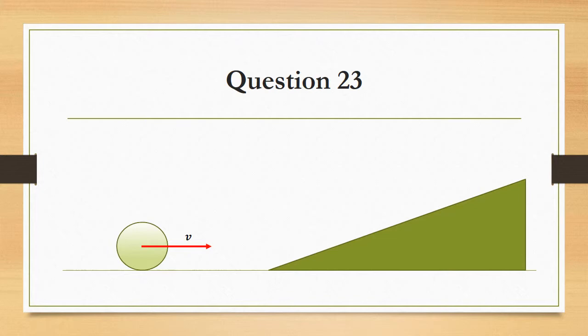Then it's going to ascend this ramp and slow down at a constant rate while ascending, and then reach a maximum height. It comes instantaneously to rest, both rotationally and translationally, and therefore its only energy at the top is gravitational potential energy. So now we can set up an energy conservation analysis.